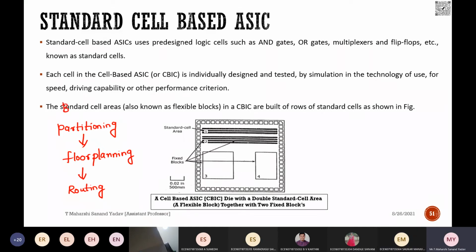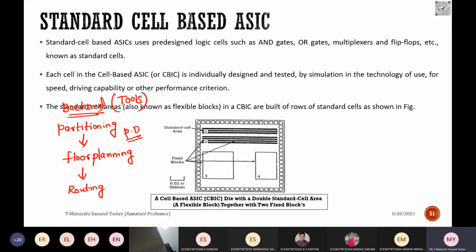Back end. They come under back end. Back end is something we do by means of tools, either Cadence tools or Mentor Graphics tools. Whereas Verilog, SystemVerilog, UVM all come under front end, meaning the coding part. Partitioning, floor planning, placement come under back end, which you can call physical design.